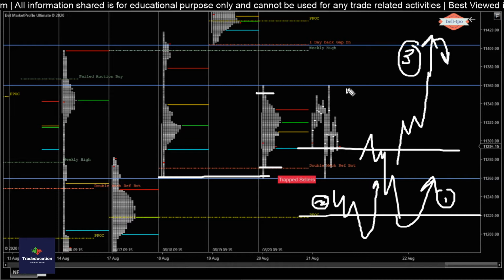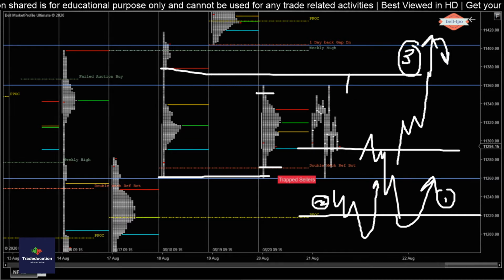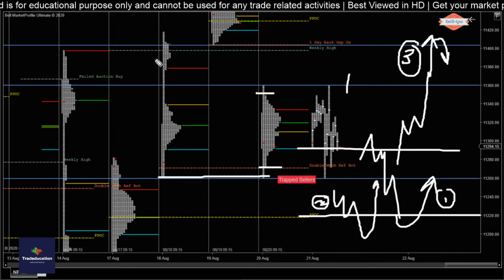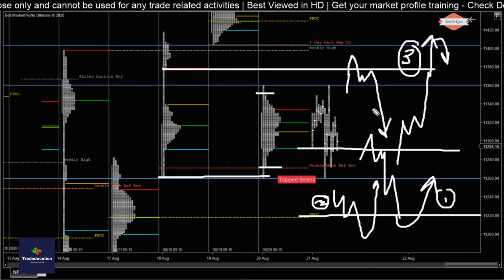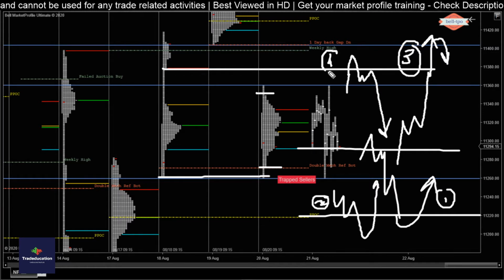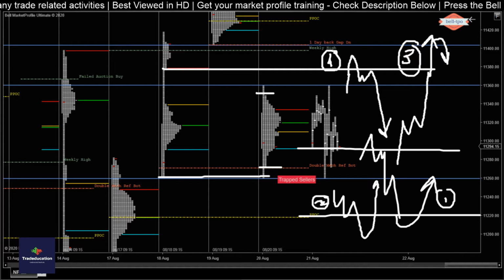Now what I'm expecting is, this single print zone, let me remove that. This single print zone is where I'm expecting a sort of reversal, and then again the auction coming down. So these are the four auction development paths which I'm expecting today, and let's see where the market opens.